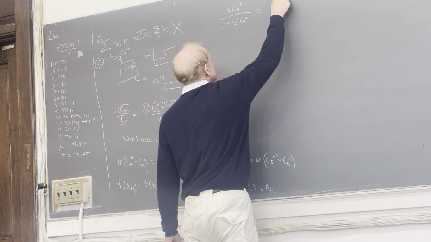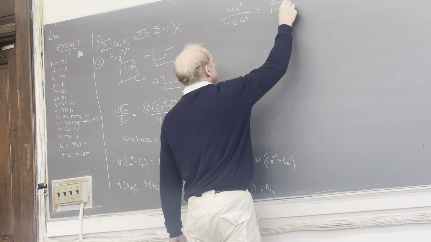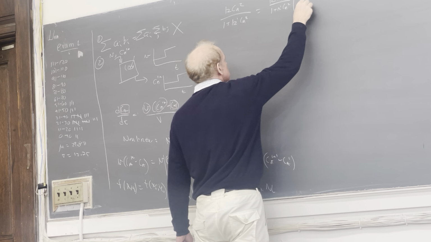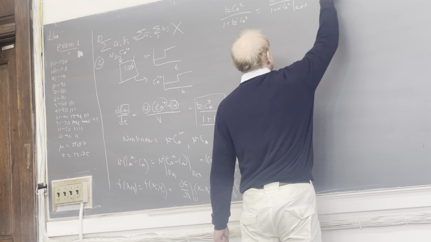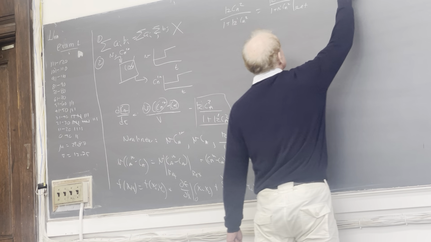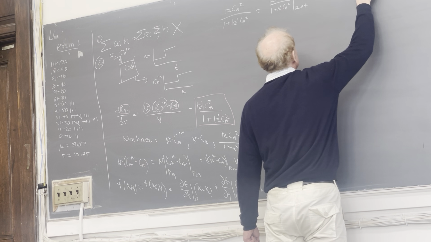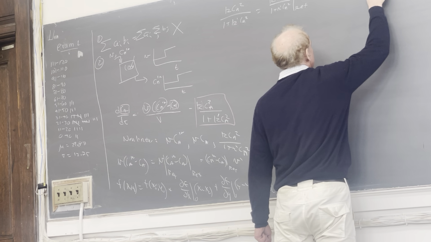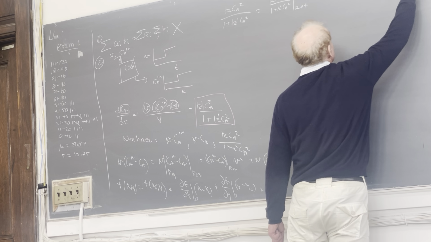It's KCA squared over 1 plus K prime CA squared at the reference state, where CA is the value at the reference state, plus d/dCA of KCA squared over 1 plus K prime CA squared at the reference state times CA minus CA ref.